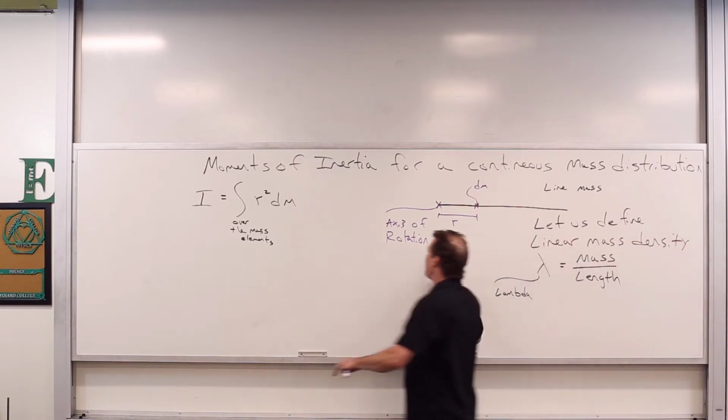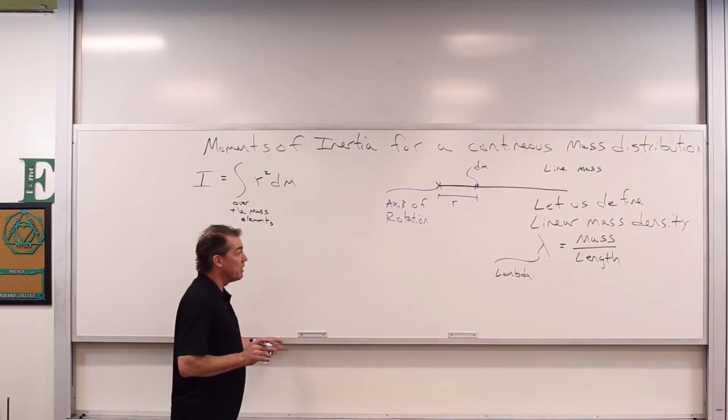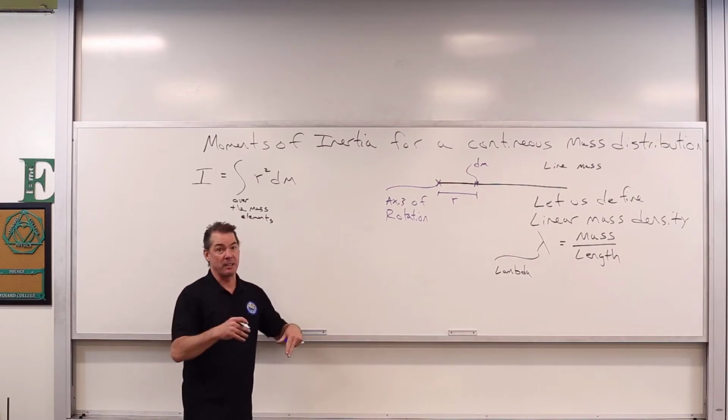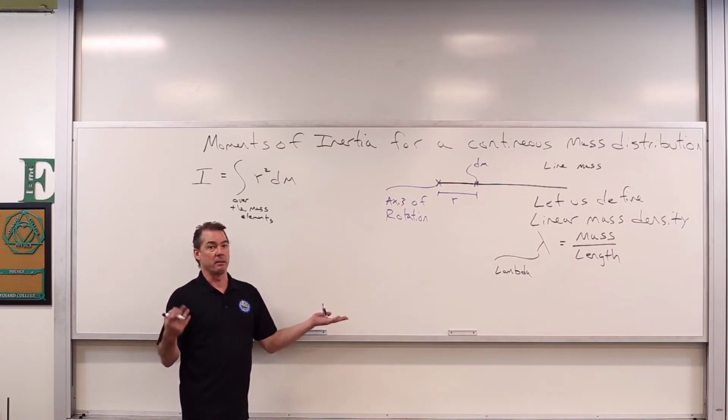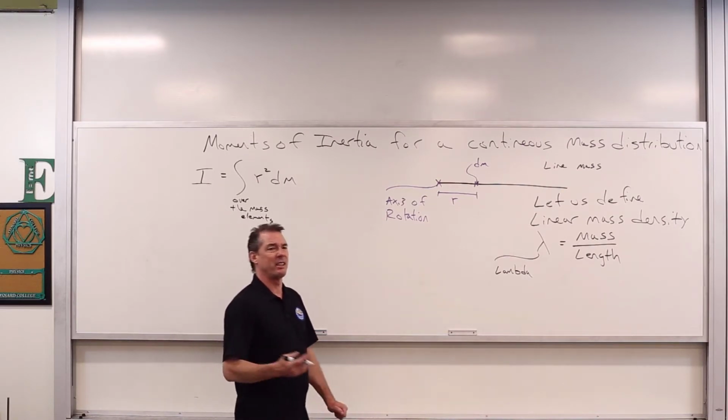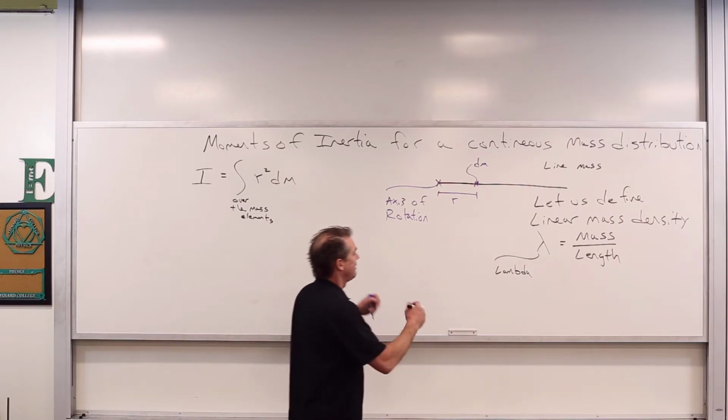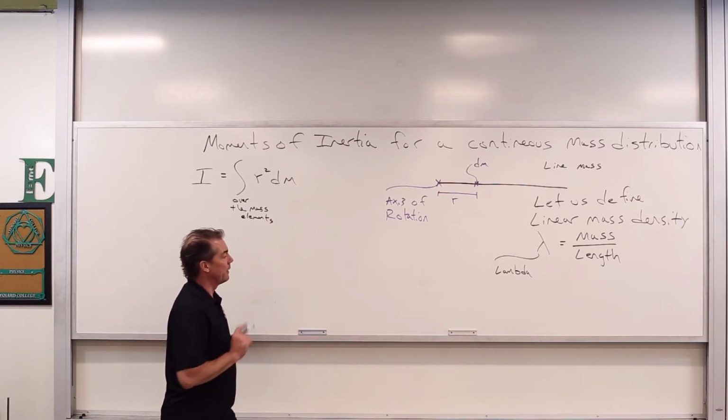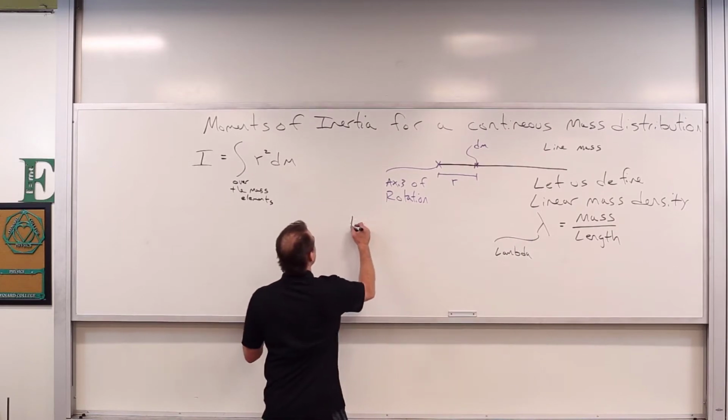If the linear mass density is constant, we can just say that it is the mass divided by the length. But if it's not constant, then you have to start thinking about representing it in a different way.